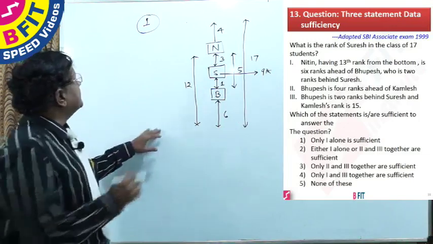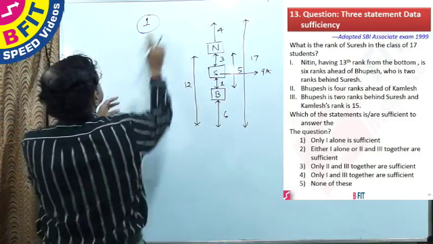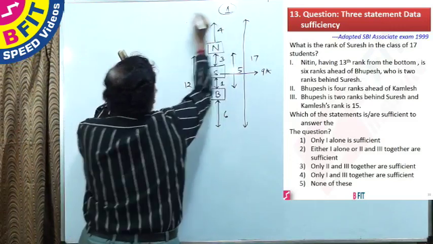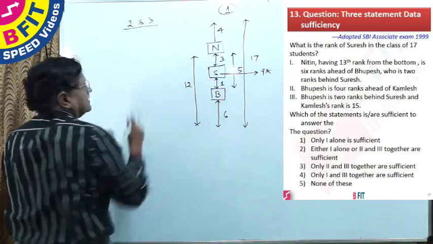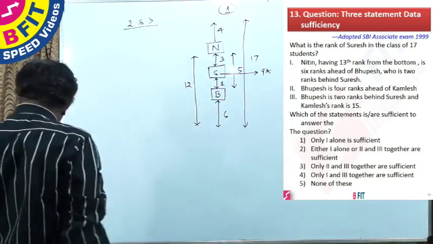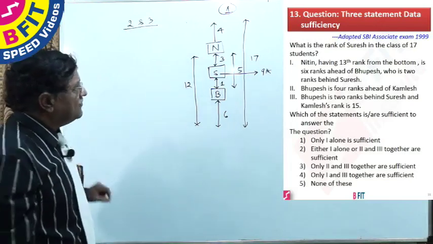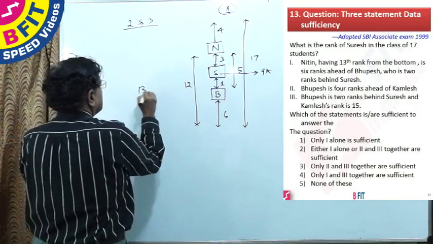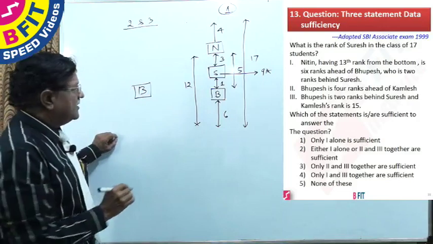Now let us map 2 and 3 here. This is 1, which we can do alone. Let us map 2 and 3. Bhupesh is 4 ranks ahead of Kamalesh.